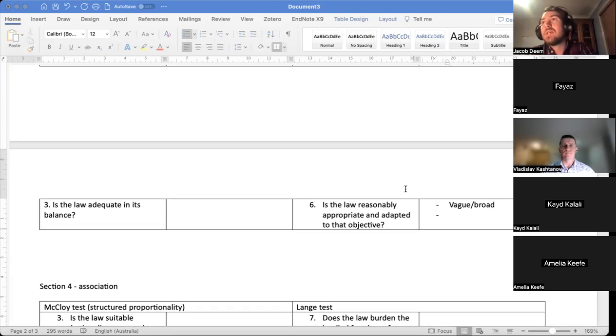And so there was a case in 2017 or 2018, Clubb and Edwards, which involved a safe zone around health centers where women could get abortions.